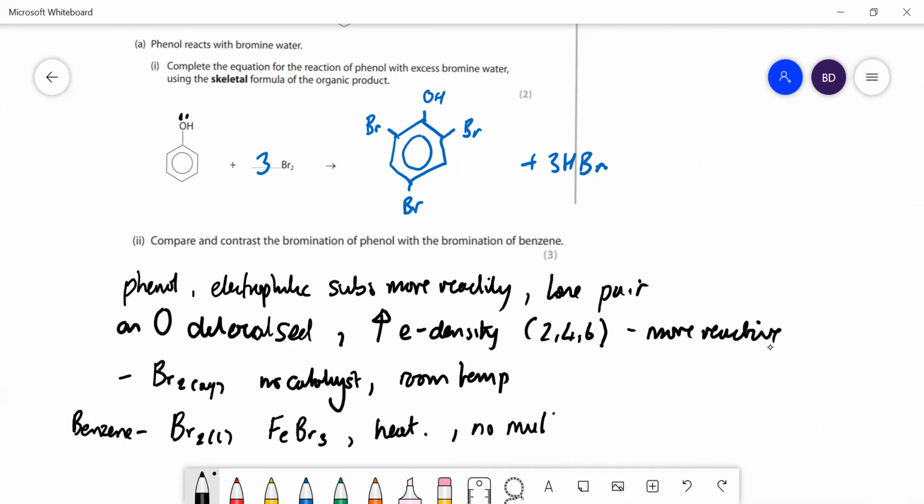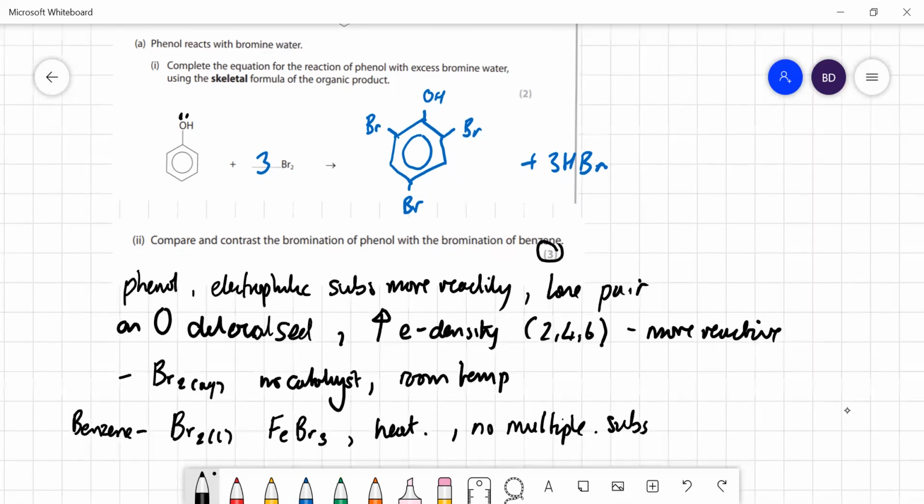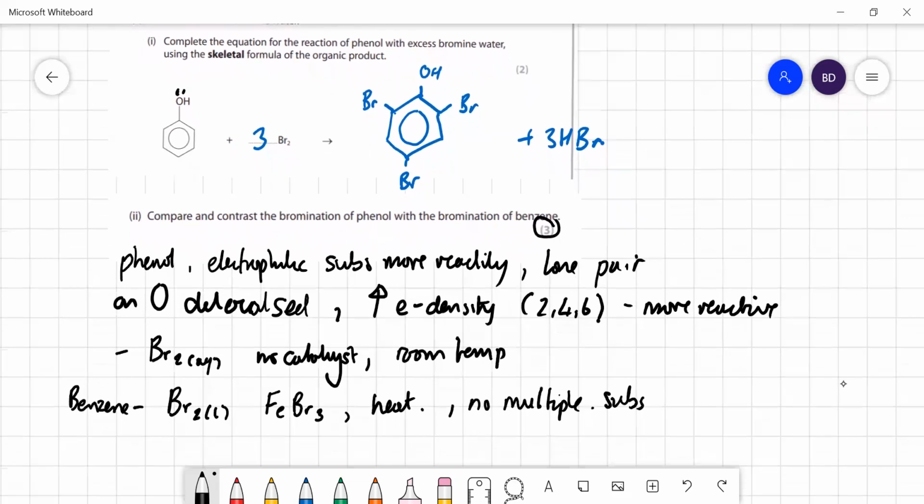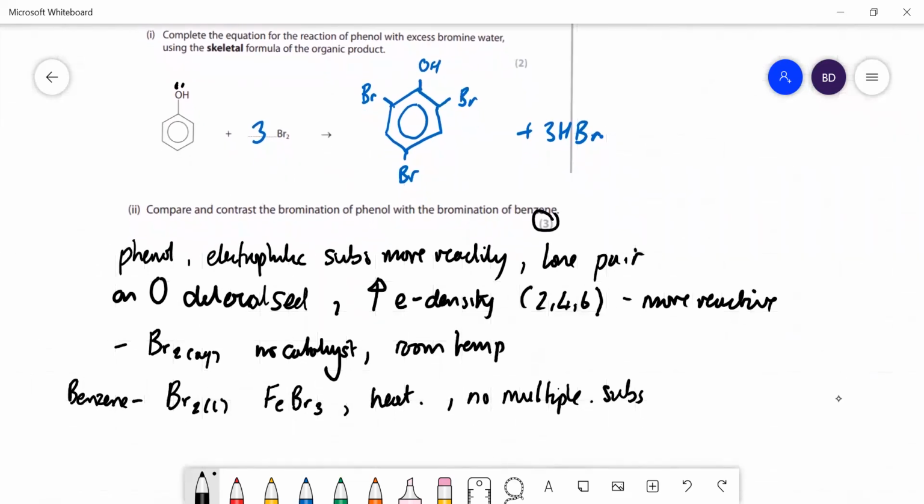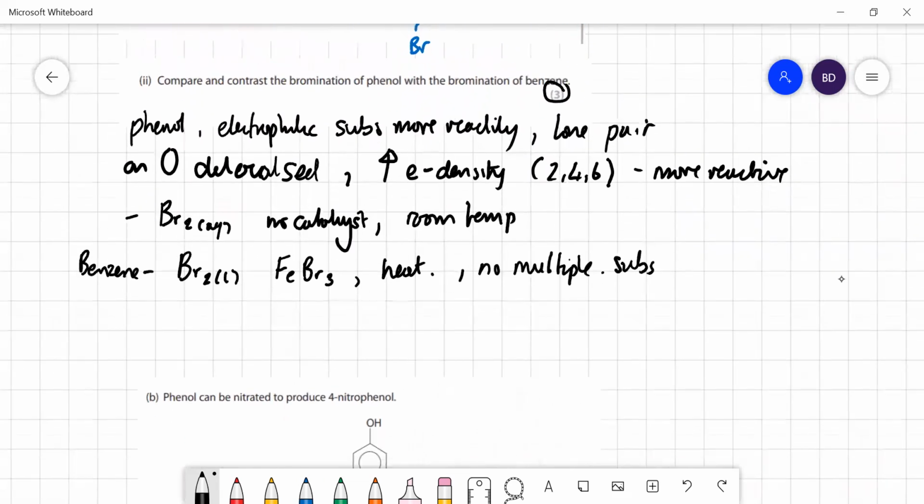You'll only get 1 bromine substituting per benzene ring. So there's enough there to cover the 3 marks easily. There's more than that. Okay, so phenol is basically a lot more reactive than benzene because of that lone pair being partly delocalized. It increases the electron density, so electrophilic substitution happens a lot more readily.